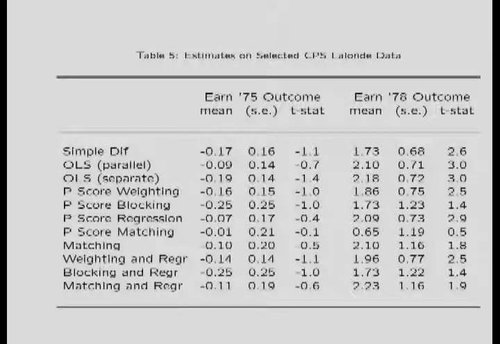But now here, doing the same analysis for the 75 outcome, as well as the analysis for the 78 outcome, you see that for the 75 pseudo outcome, pretty much all these estimators have t-statistics less than 1.4. All these estimates are substantively fairly close to zero, and they look very reasonable here.